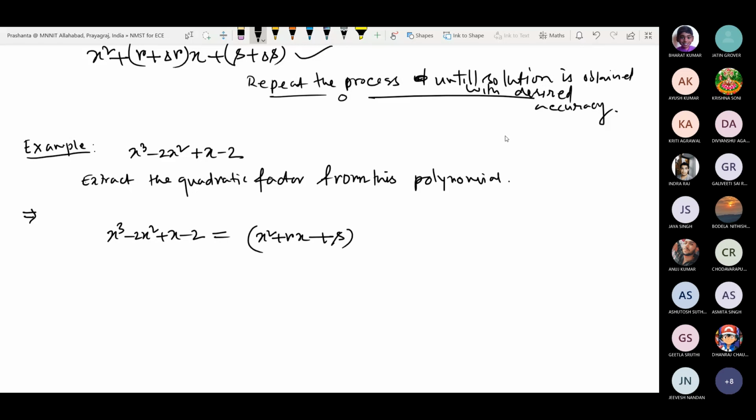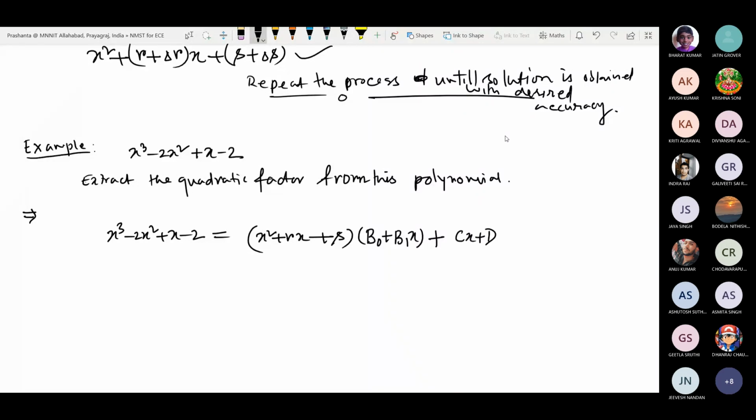If you divide the polynomial by this, what degree of polynomial will come in the quotient? 1 degree. So suppose that is a 1 degree polynomial, b0 plus b1x, and since it is not an actual factor, you have taken some approximate factor x square plus small r times x plus s, so you will get some remainder. So what will be the degree of the remainder? 1. So suppose it is cx plus d.